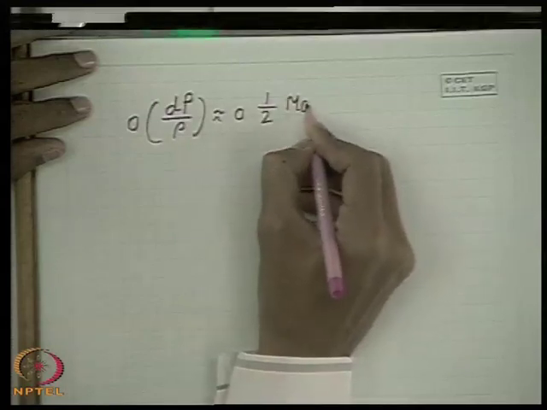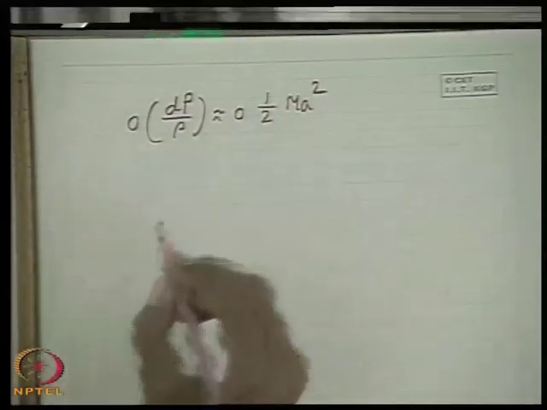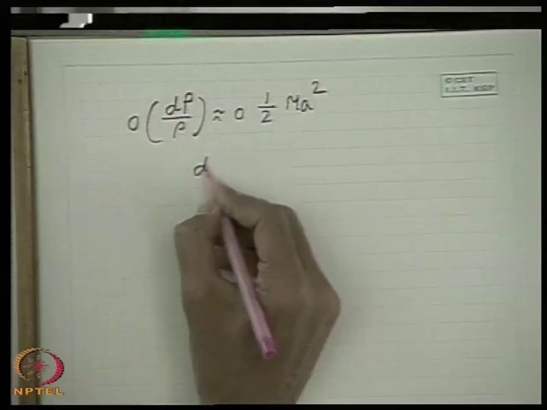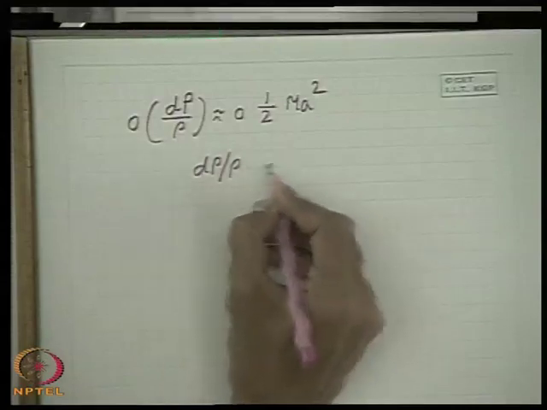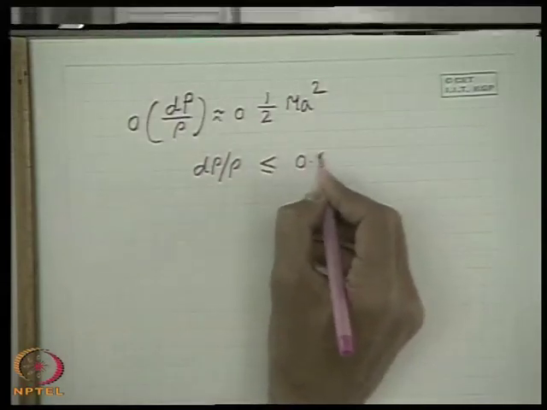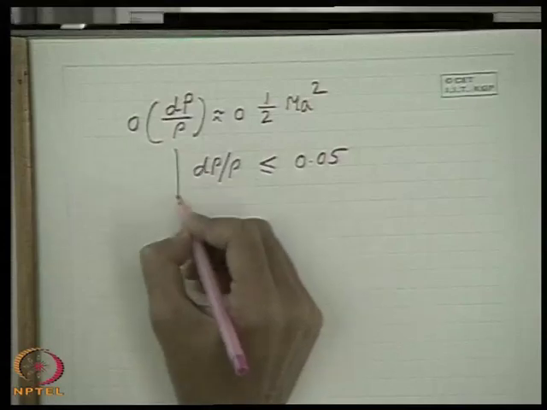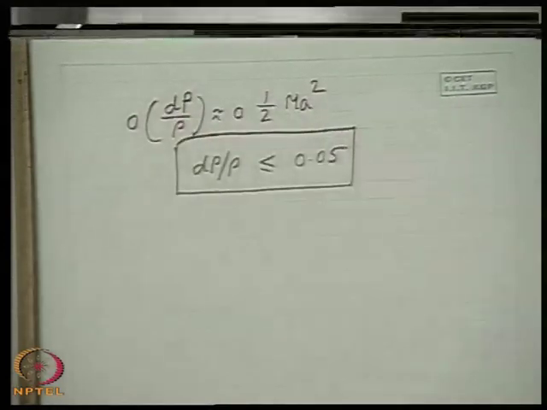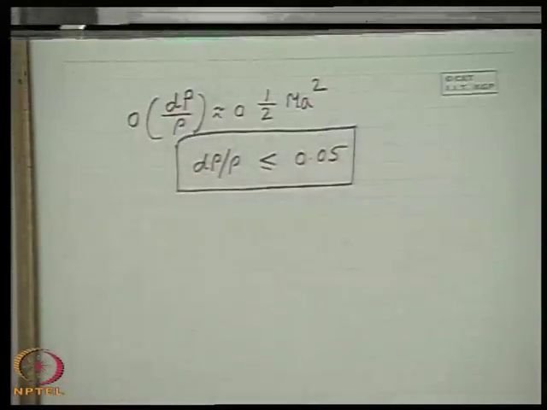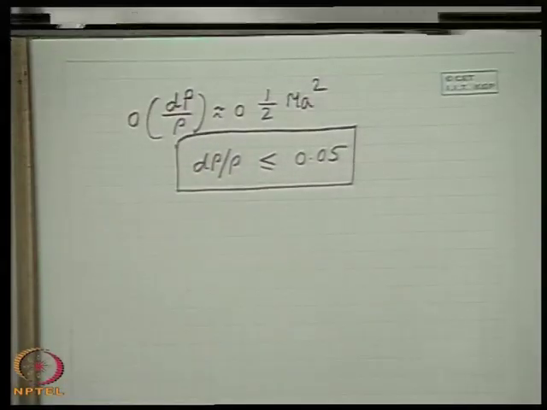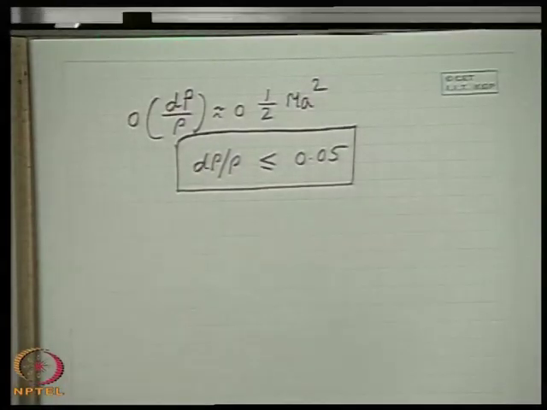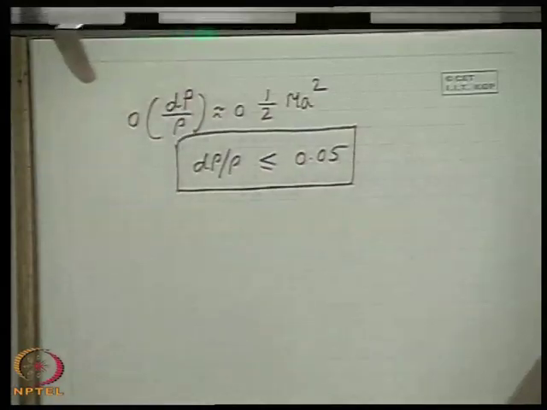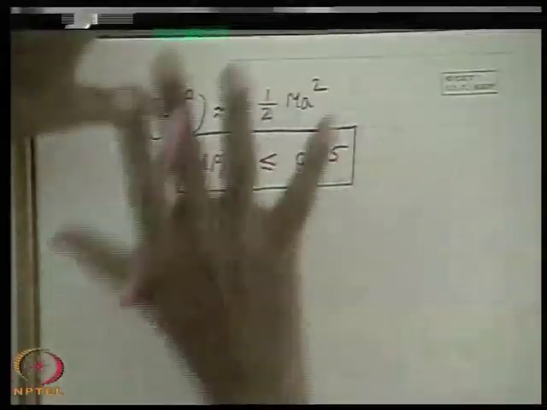Now if I put a criteria, which is usually an engineering criteria, that if the relative change in density is less than or equal to 0.05, that means 5%, I consider it to be constant. That means it is not changing at all. So then we consider the flow to be incompressible flow.